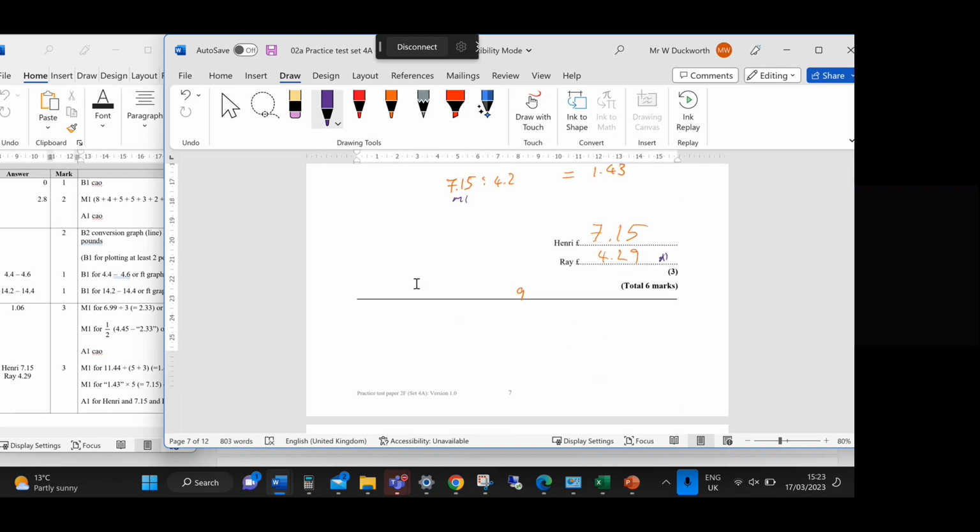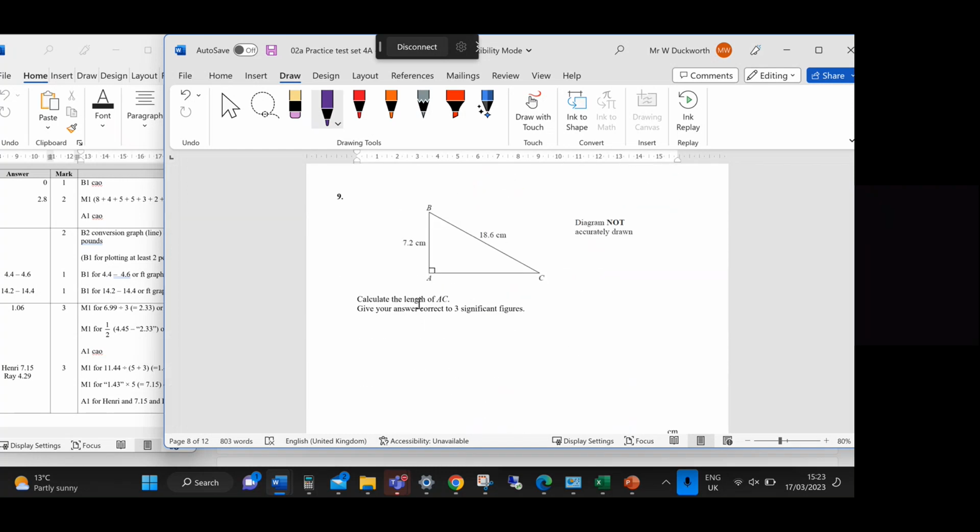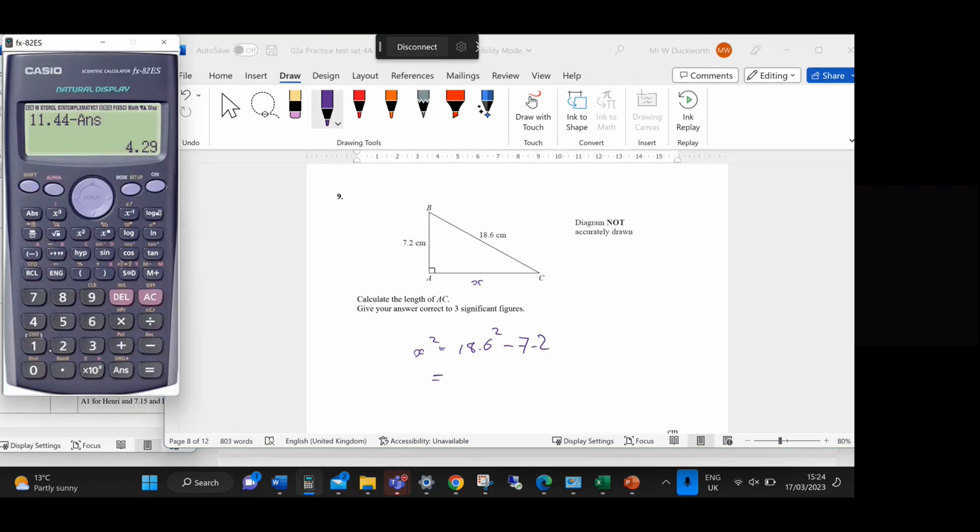Okay, so question 8, calculate the length of AC. So we're using Pythagoras to find a shorter side. So I'm going to call it x for now. So x squared is going to be equal to 18.6 squared minus 7.2 squared, which is going to be, straight to my calculator, 18.6 squared minus 7.2 squared.